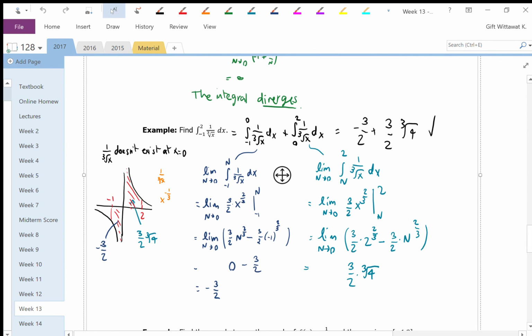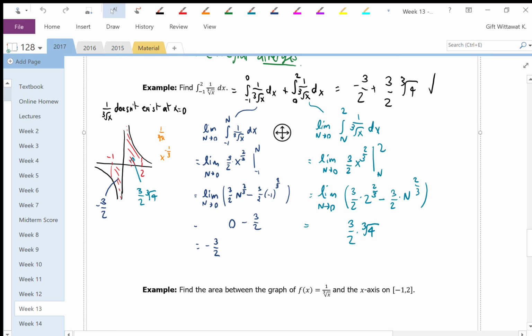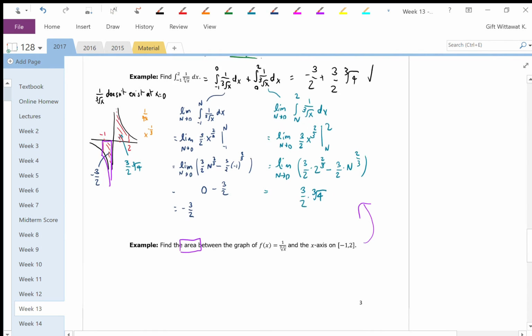The last one: I'd like to find the area between the graph of 1 over the third root of x and the x-axis on the interval negative 1 to 2. This is almost like the previous problem, except that the problem is asking for area. When I have to find area, I treat the piece that lies below the x-axis as having positive area.